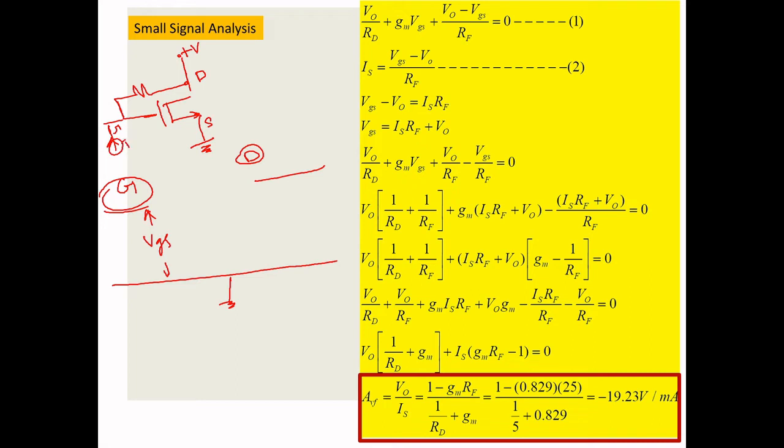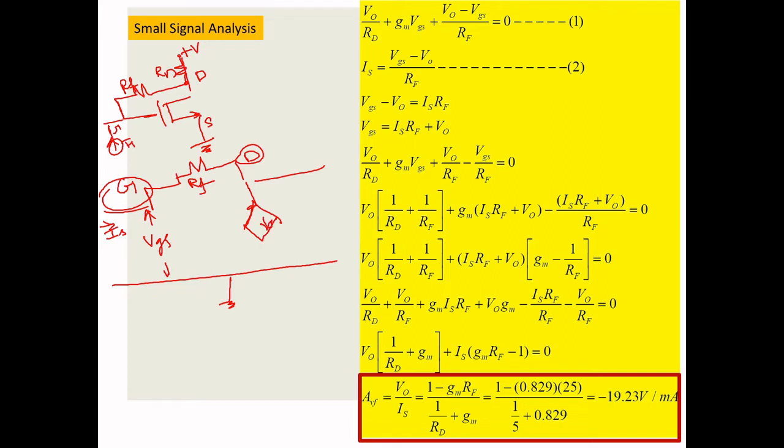It was clearly said it was current, so you will be having current here. And in between the gate and drain, you can see the RF, the feedback resistor. Right here you have a resistor too. This RD. So RF.